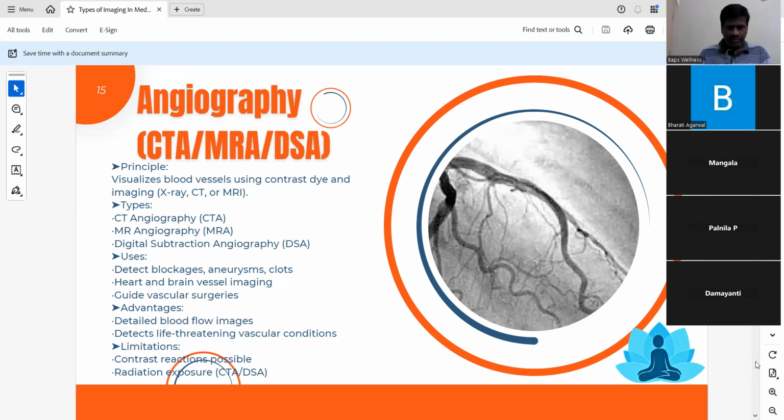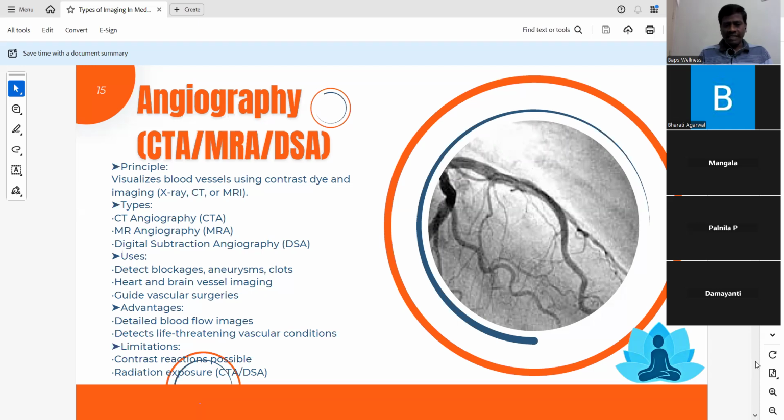Often if it is in the brain, due to sudden high BP, this aneurysm will burst and may cause a stroke, a hemorrhagic stroke. It is also used to study clots and blockages, any kind of thrombus, embolism.